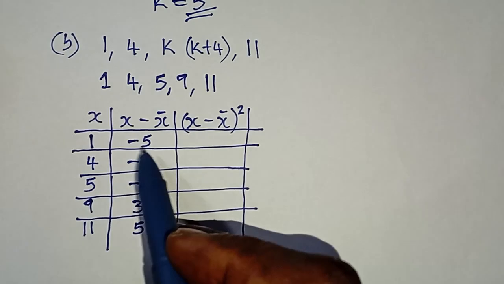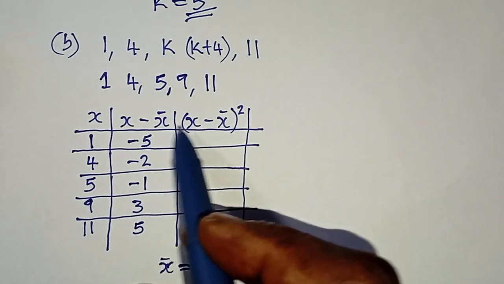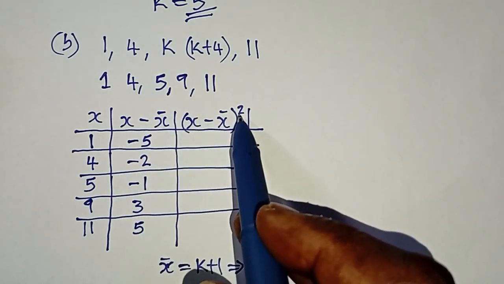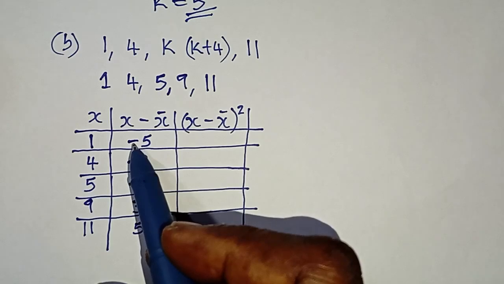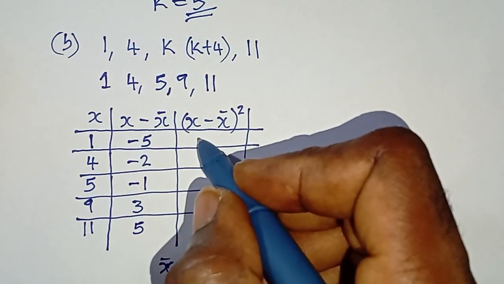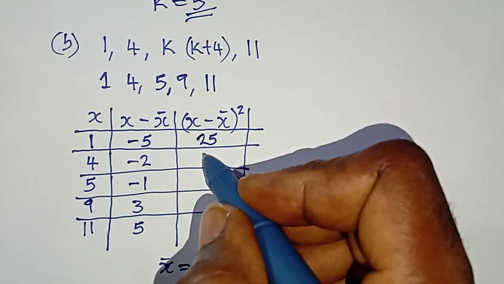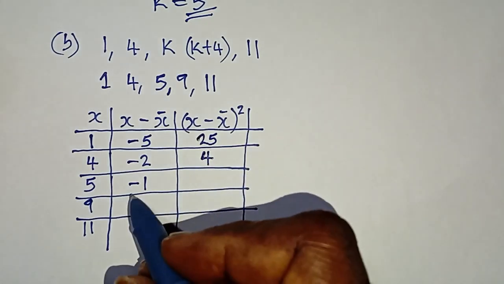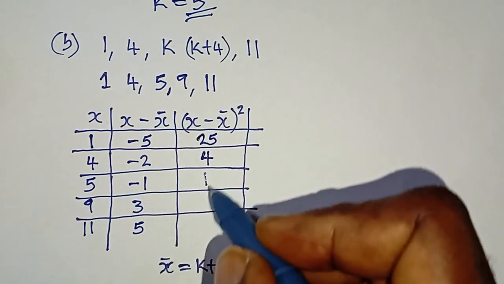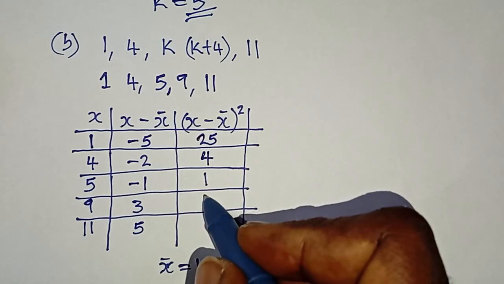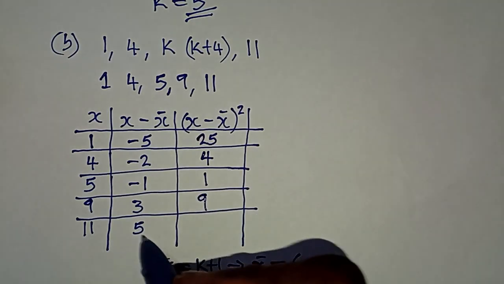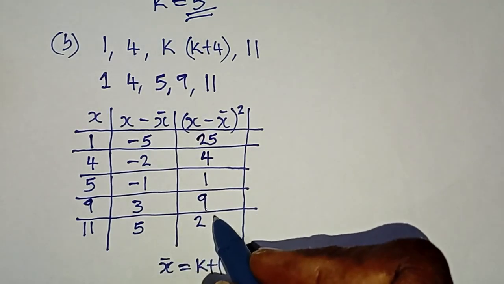So let's square all these values, because this part says that whatever we have here, we have to square it. So negative 5 squared will give us positive 25. Negative 2 squared will give us positive 4. Negative 1 squared will give us 1. 3 squared will give us 9. And 5 squared will give us 25.